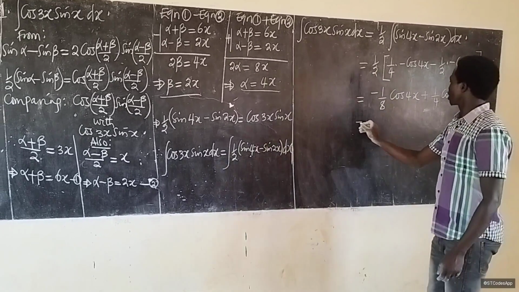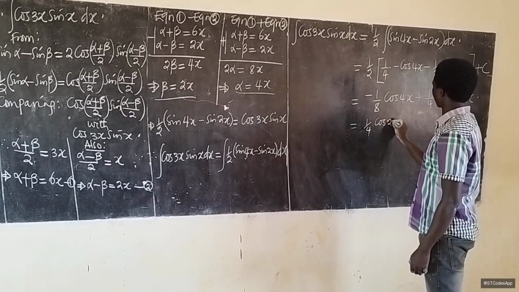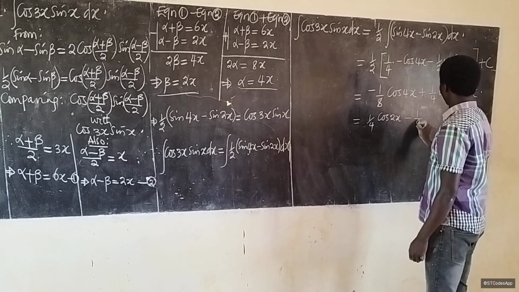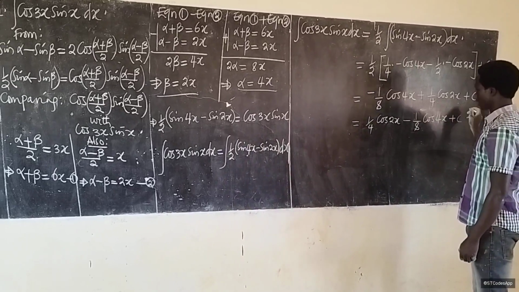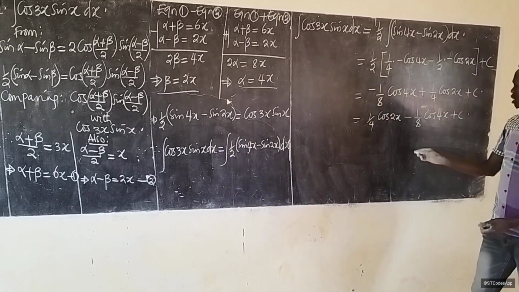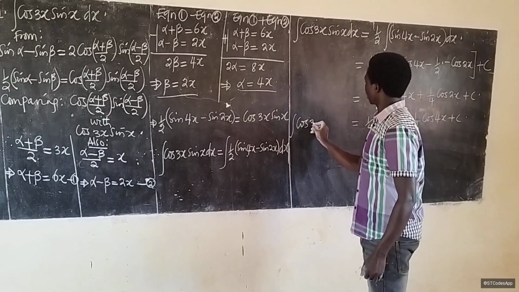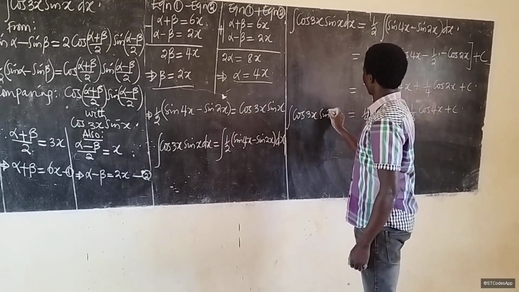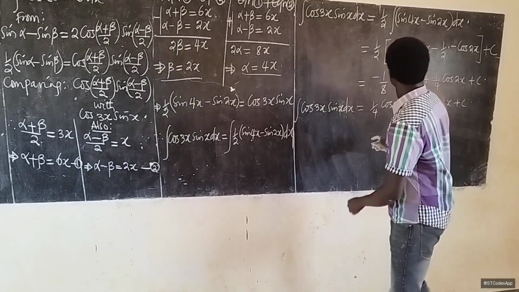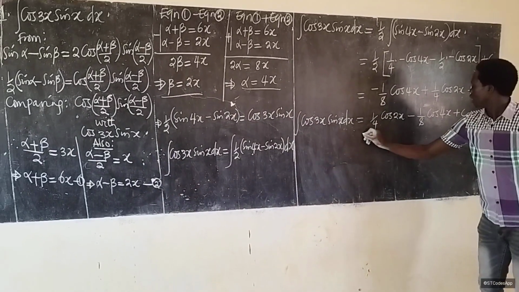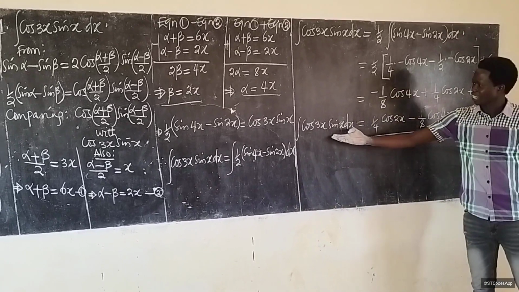So I can alternate this and it becomes 1 out of 4 cos 2x, then minus 1 out of 8 cosine of 4x plus c. This actually becomes our integral of cos of 3x sine of x dx. So that is how it makes it so simple.